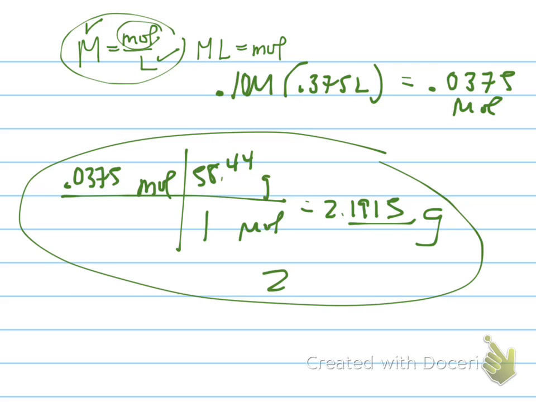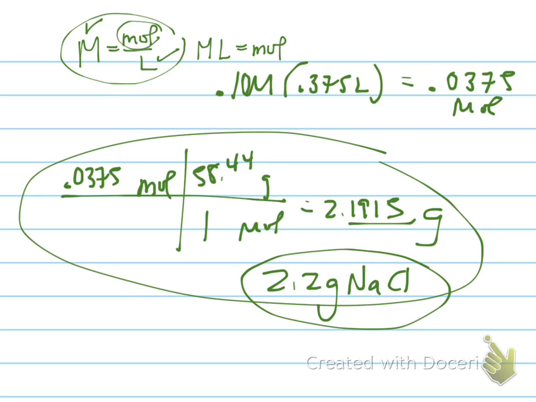So we would be massing out 2.2 grams of sodium chloride. That's not a lot of sodium chloride. Okay, so it's a tiny amount of sodium chloride, but you're dealing with less than a half a liter, and you're dealing with a pretty dilute solution, so that answer is not surprising.